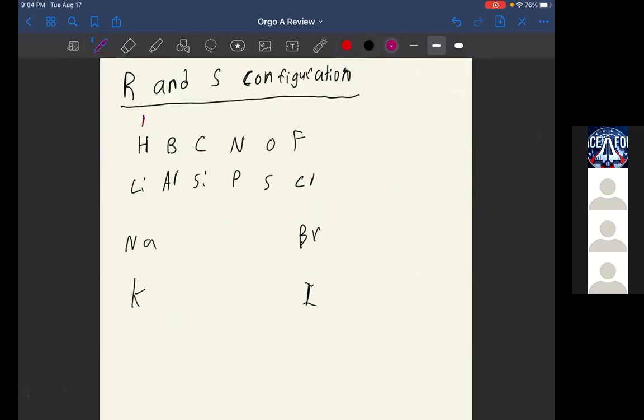And now then for atomic numbers, it goes like this. And now this is 11, this is 19, this is 35, and this is 53.